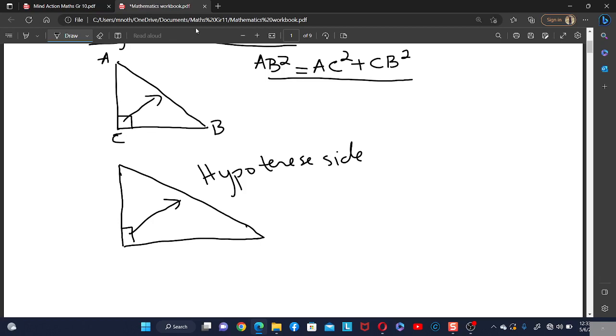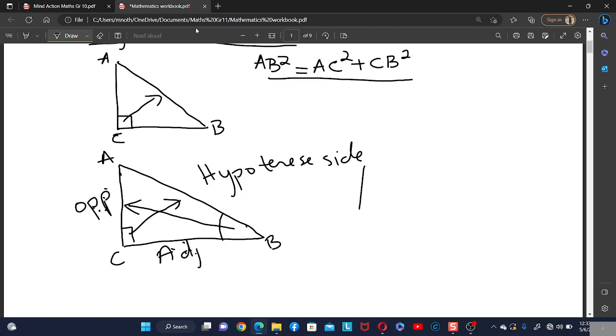And then, so this one is A, B, C. The other two sides are going to depend on which angle you are talking about. For example, if we are talking about the angle B, the side that is opposite is AC. This one is the opposite side. So therefore, this one is going to be the adjacent side.